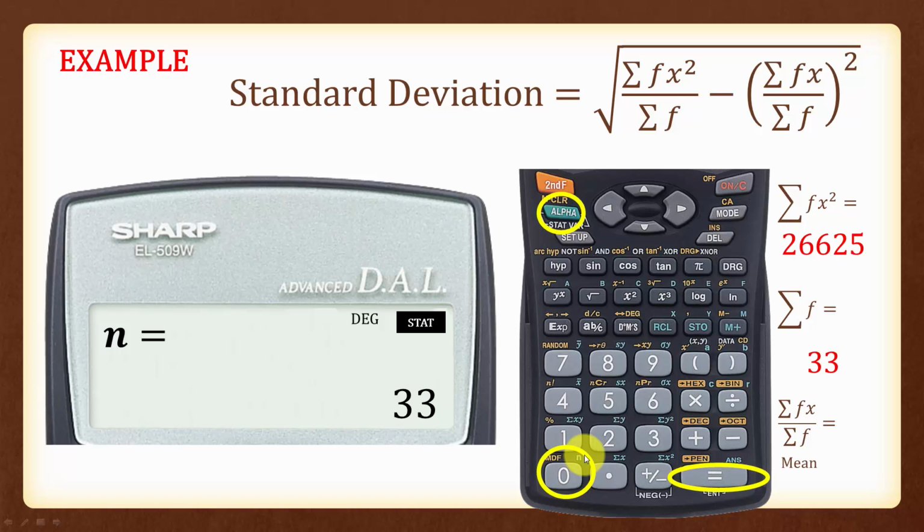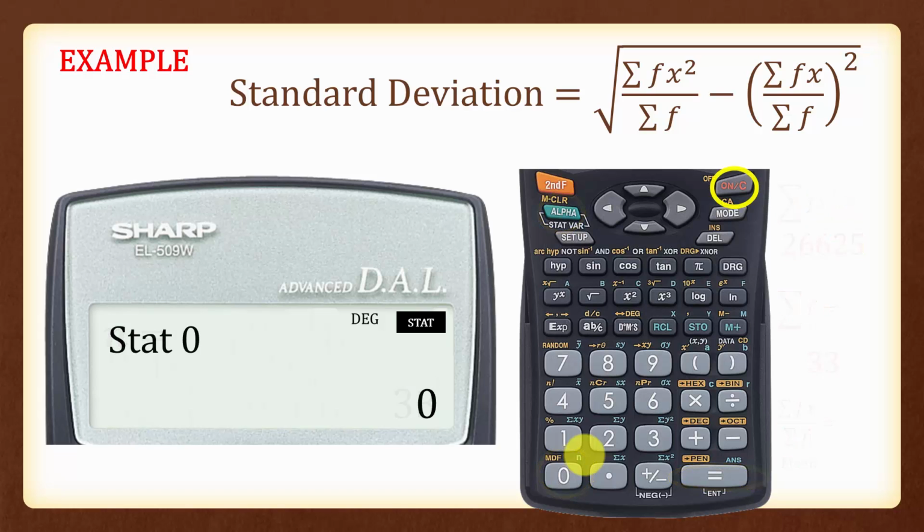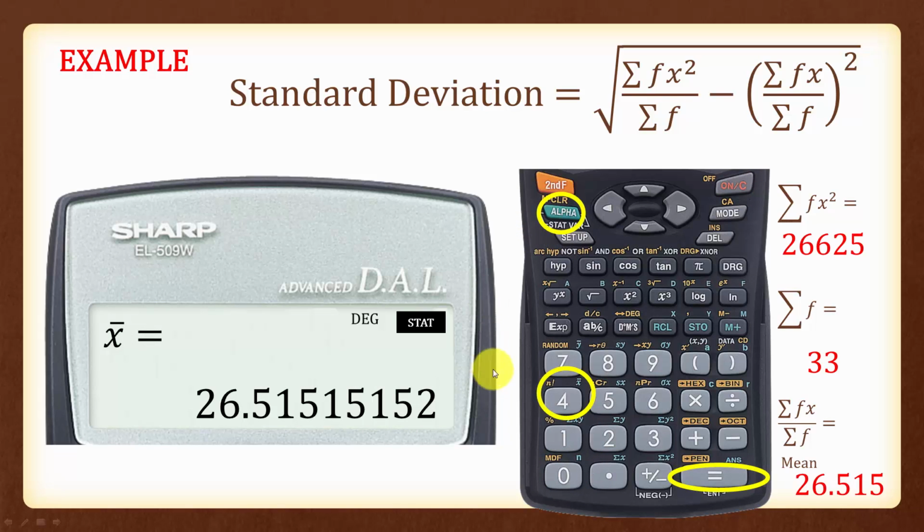Finally, to find the mean, you need to press alpha 4 followed by the equal button, and the mean is given to be 26.51, and you can round off to 26.515. The symbol for mean is given by this letter x with a dash above.